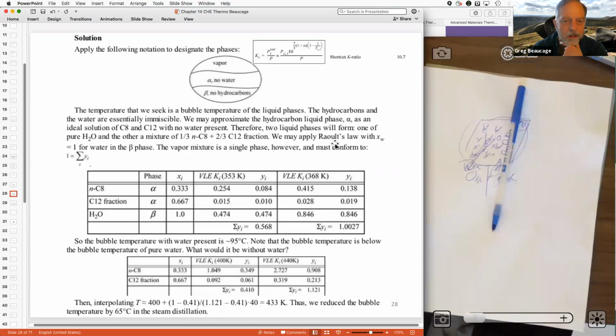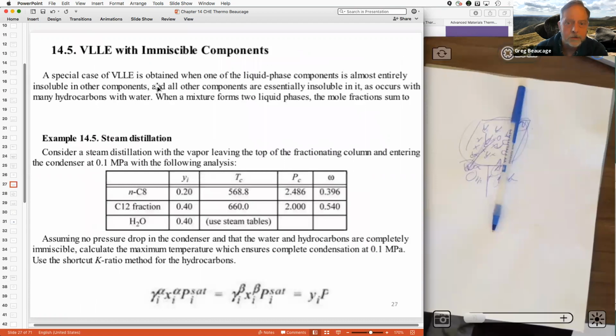So here, the water in the organic phase is 0, so x water is 1 for the beta phase. So alpha is pure organic, and beta is pure water. And then what you're trying to find is, assuming no other effects, calculate the maximum temperature which ensures complete condensation.